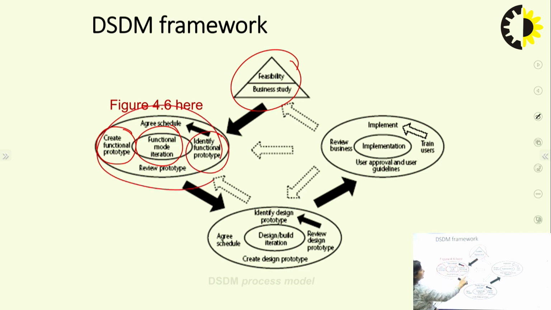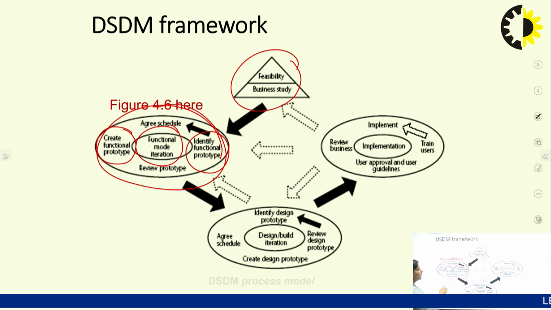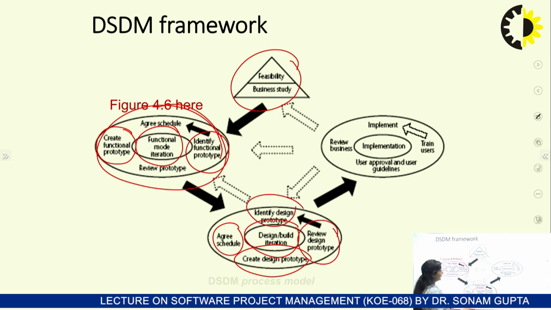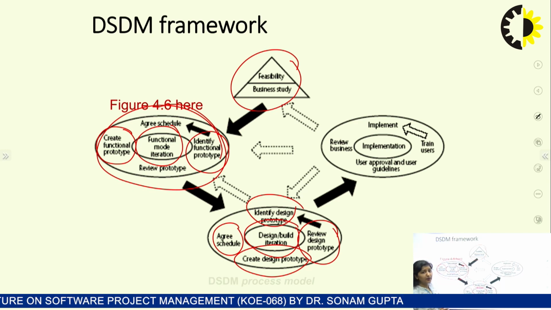This is the procedure for a review prototype. The cycle will go again and again till the client is satisfied. After that, it goes to create the design prototype. For this, we design and build the iteration, agree to the schedule, and identify the design prototype. The client will review the design prototype again and again till the client is satisfied with that particular design.